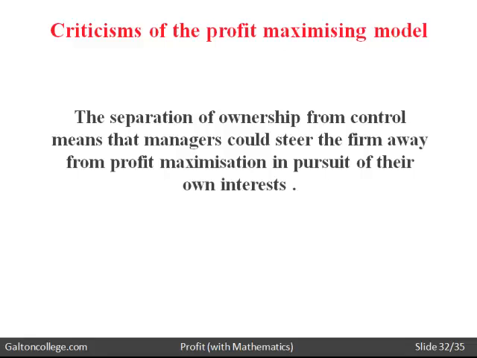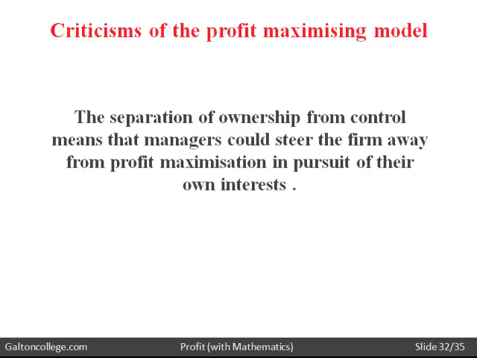Also, the separation of ownership from control means that managers could steer the firm away from profit maximization in pursuit of their own interests. Large companies are really run by the managers, and the managers have a different agenda to the owners. The owners want security of investment, they want high profit rates and good dividends on their shares and reinvestment and so on.